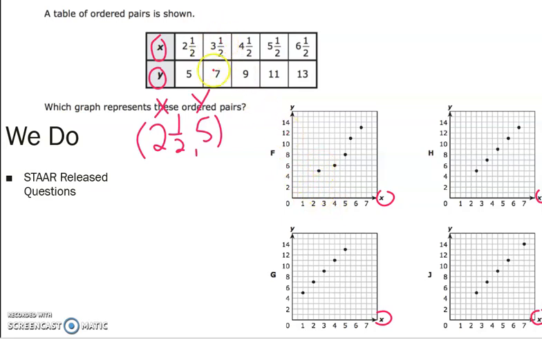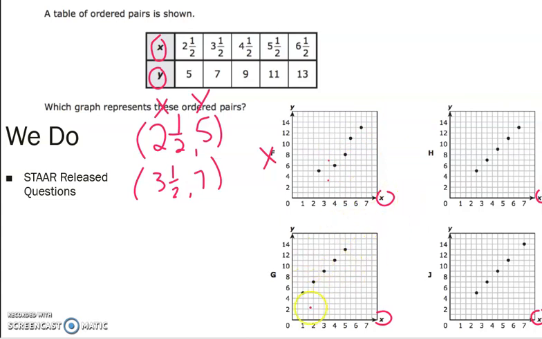The next one is 3.5, 7. So let's see if this dot here falls for 3.5, 7. So 3.5 and 7. And that would fall right here. So that is not on my graph, so I know this graph's not correct.